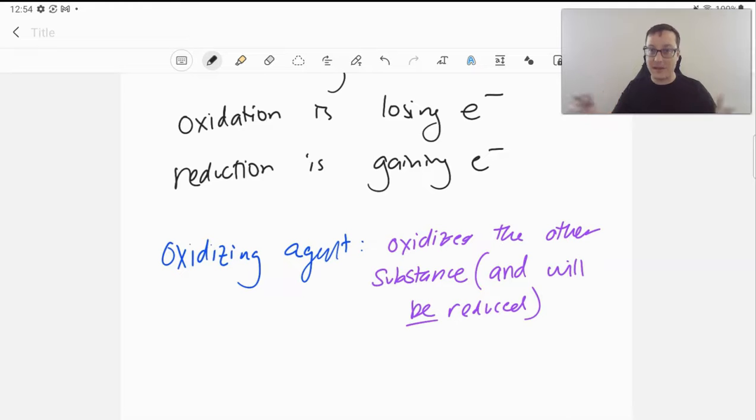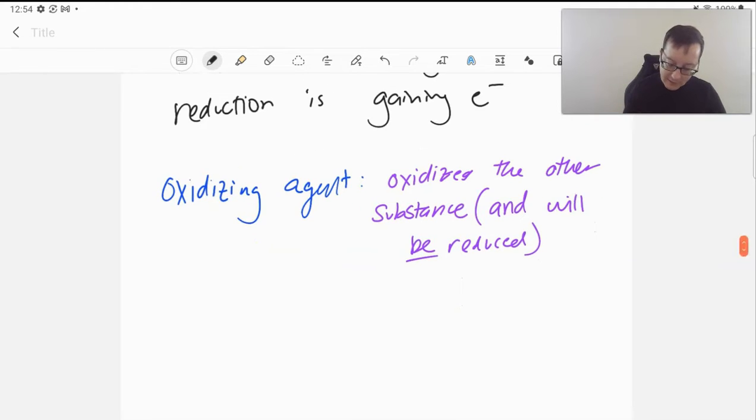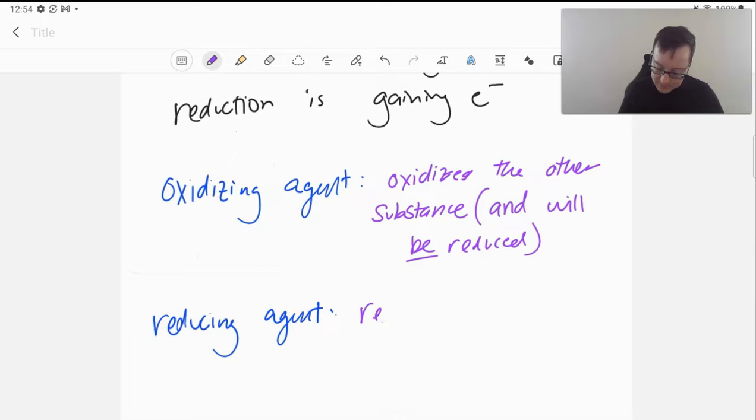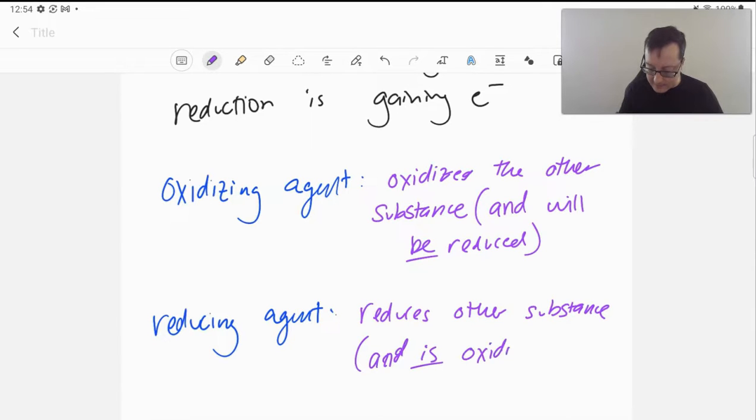It's the same thing. And therefore, if oxygen was reduced by hydrogen, because hydrogen gave its electrons, again, not really, but kind of, we'll also have the reducing agent. In this case, it will be hydrogen. This one, just the opposite, reduces the other substance and is oxidized in the meantime.